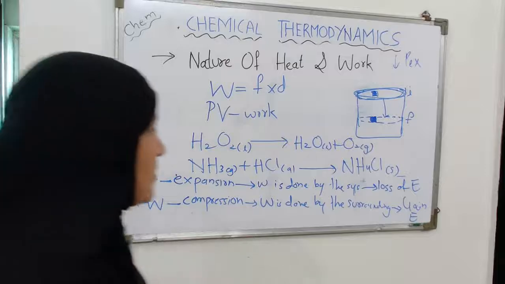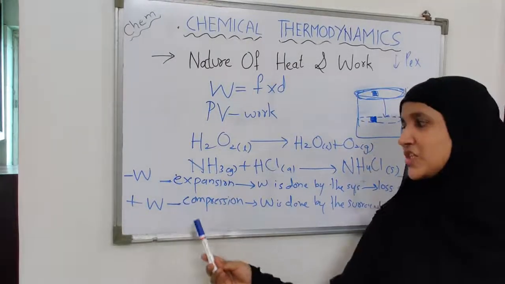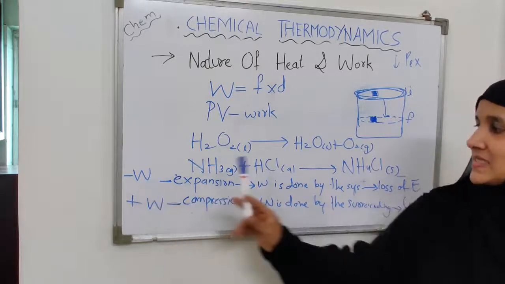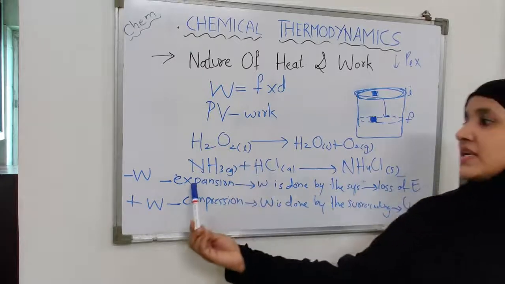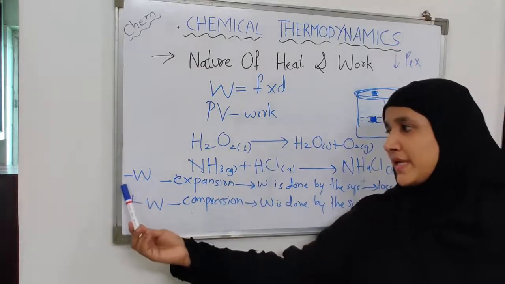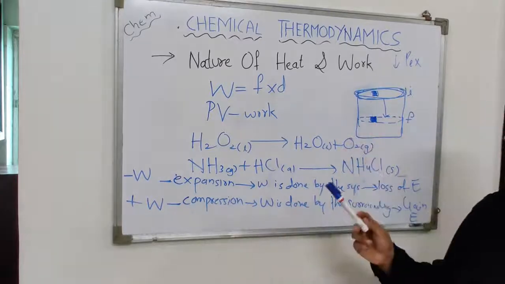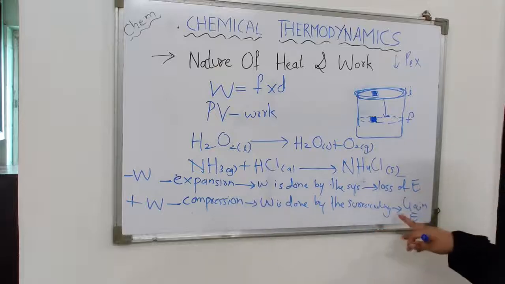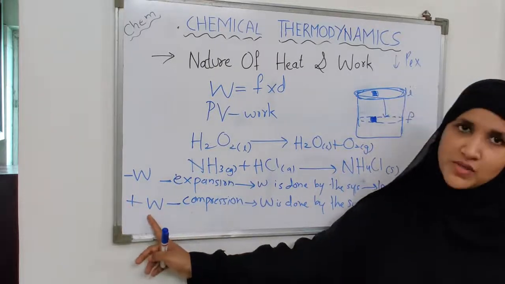So always remember the sign convention for expansion and compression. When the work is done by the system, it will cause loss of energy, and the sign for work will be negative. And when the work is done by the surrounding on the system, that is on compression, the system will gain energy and the sign of work will be positive.